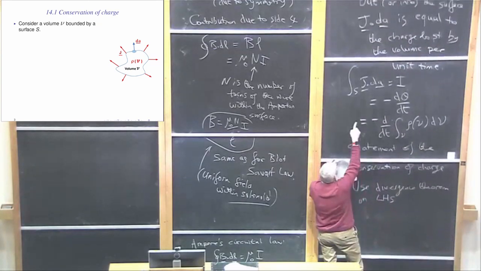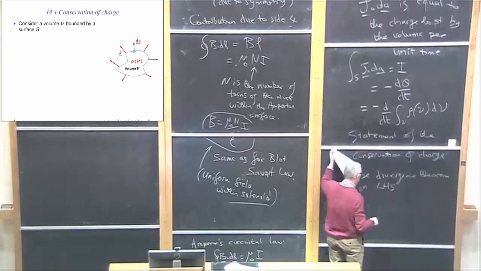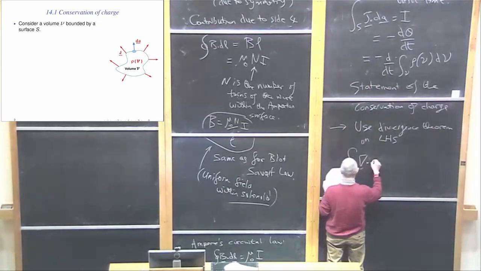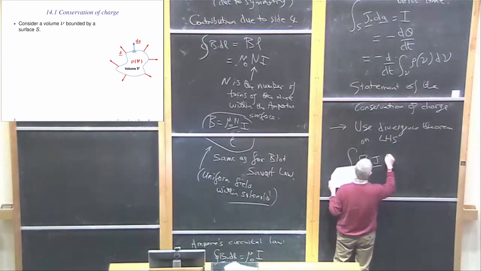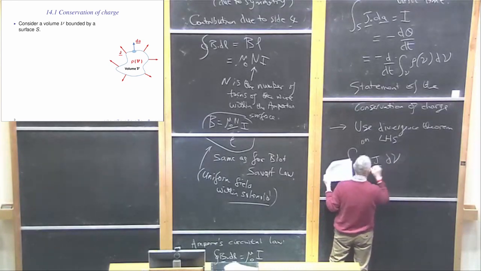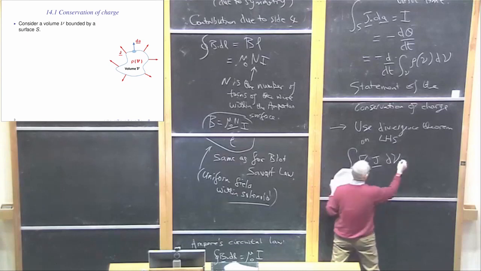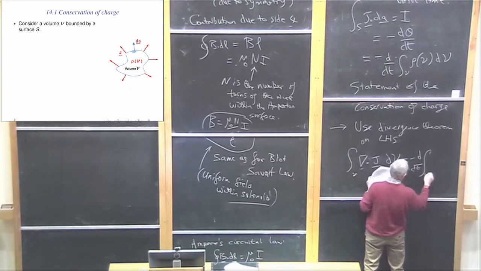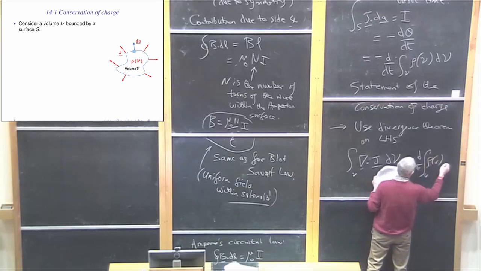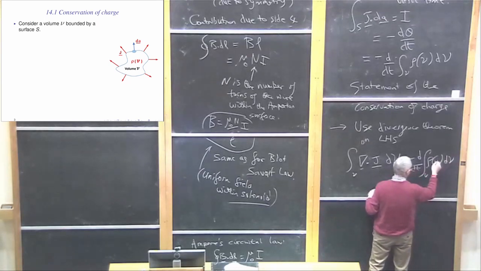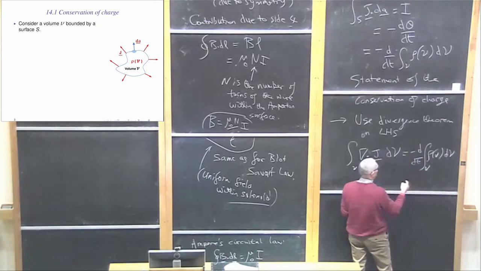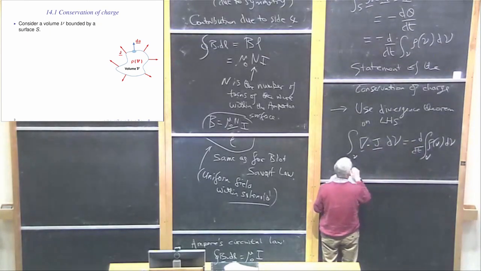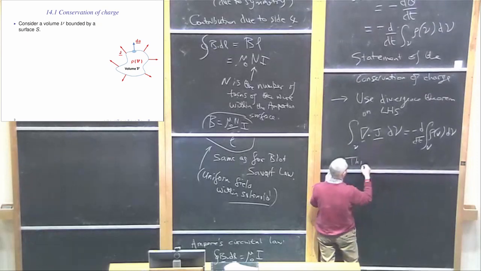The divergence theorem gives me the integral over the volume of the divergence of the current density, which equals minus d by dt of the integral over V of rho dV. And hence I can equate these terms.